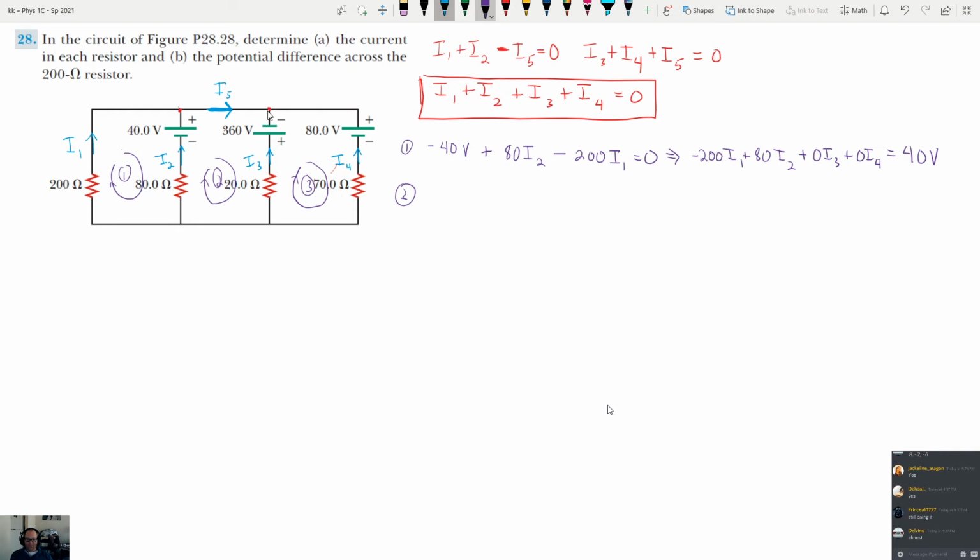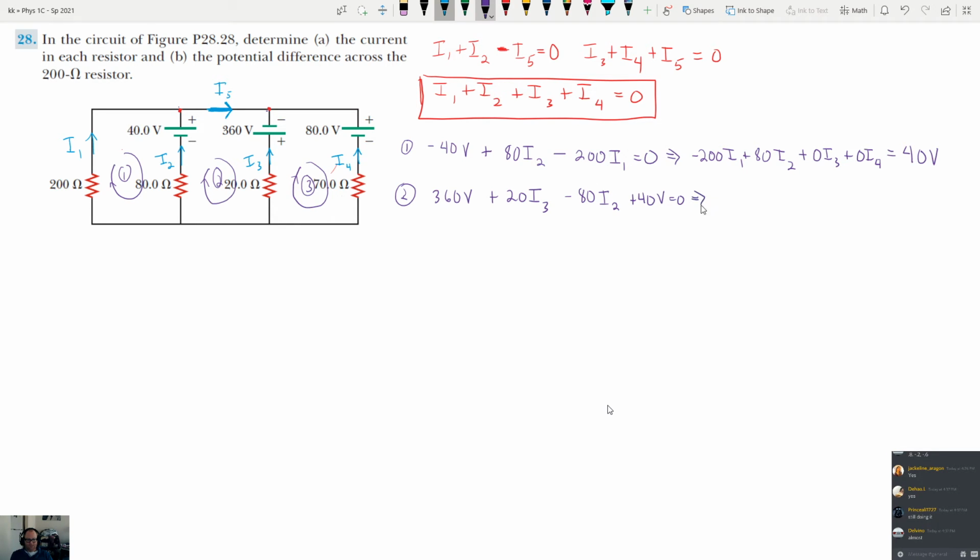If I start from this point right here and I do a clockwise loop for 2, we're going from negative to positive here. That's going to be 360 positive. We're going against the current. That's plus 20. Swoop it around here. We're going in the same direction as the current, so that's minus 80. And then negative to positive is positive 40.